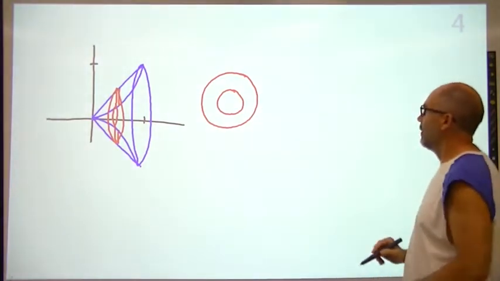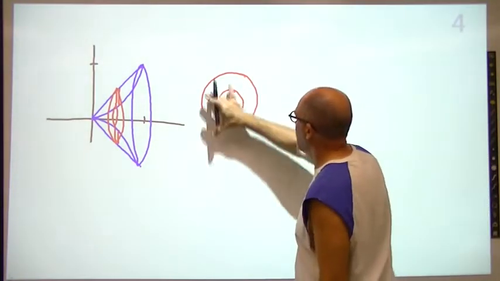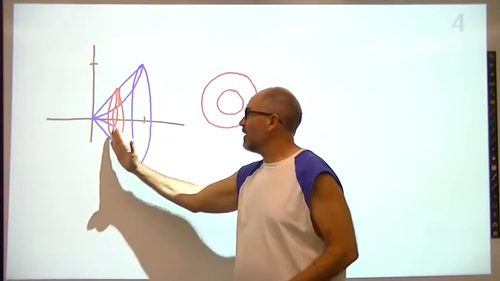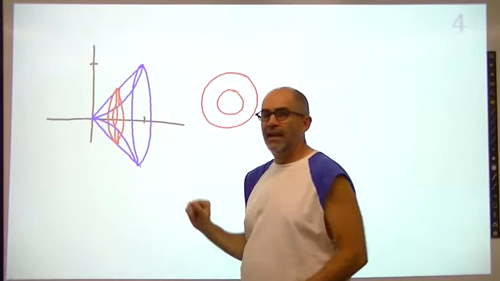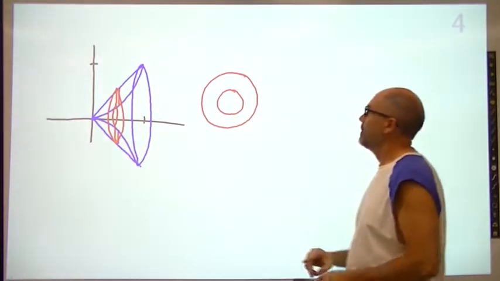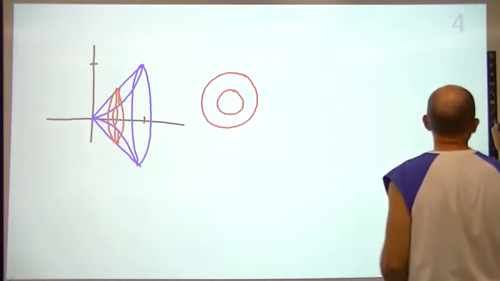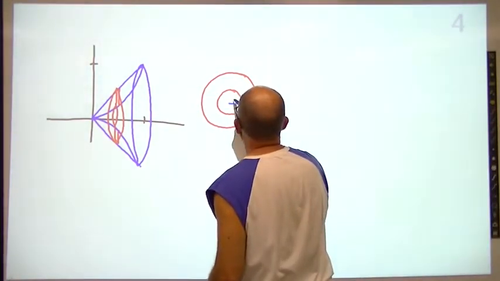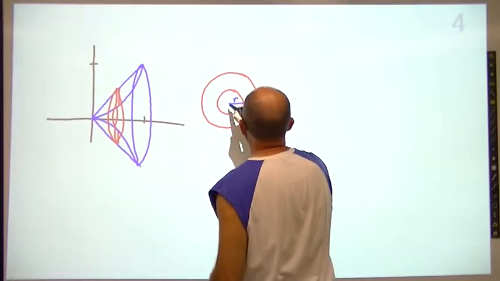All right, now, if I want the volume, remember, volume is going to be the area of the base times the height. And the height is dx. Well, what's the area of the base? Well, we have an inner radius that we'll call small r, and we have an outer radius that we'll call capital R.